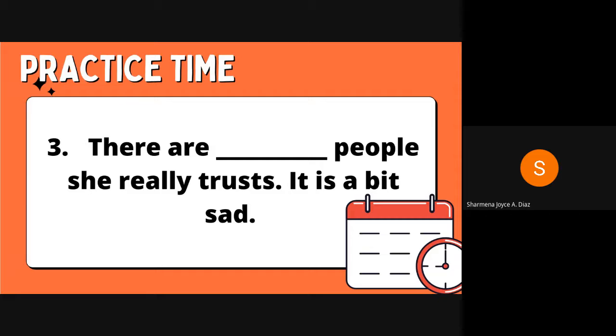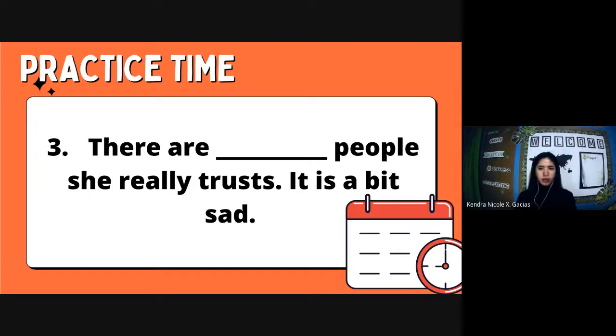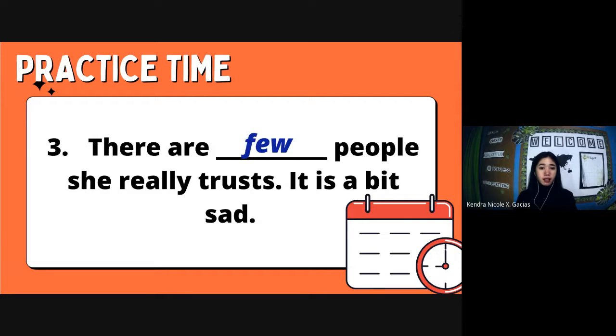It's a bit sad. Let's see. There you go. You are right that the answer for this question is few. Similar to the first question, it also expresses a negative feeling. Moving on to the next number.